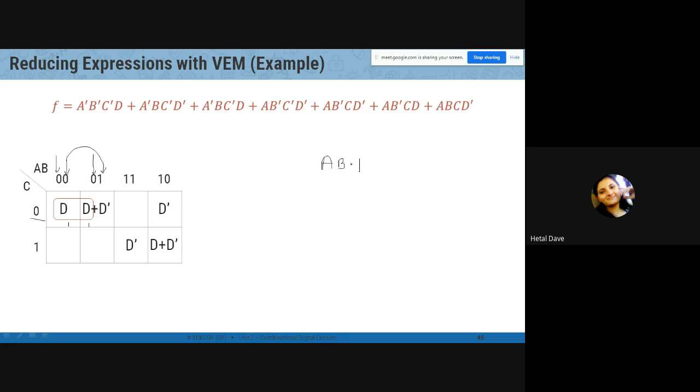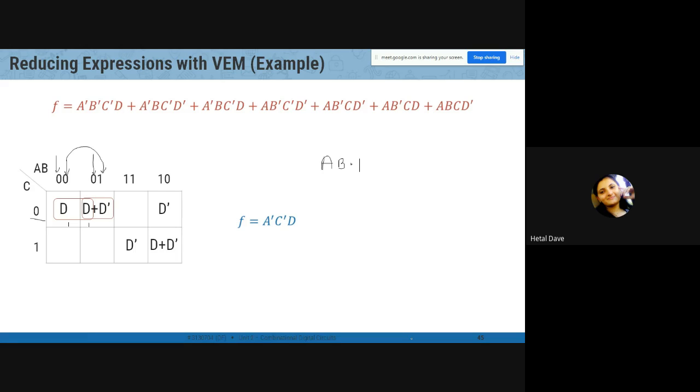But here, 1 is not given. In place of 1, the variable itself is given. So we will write this D also in our equation. So our final equation: A bar, B is cancelled, C bar and the variable itself D. So this is the first group, first equation.